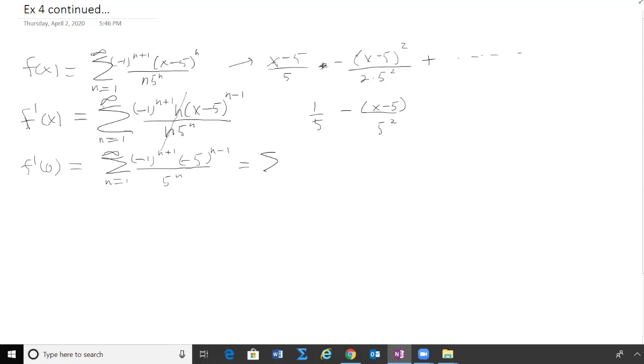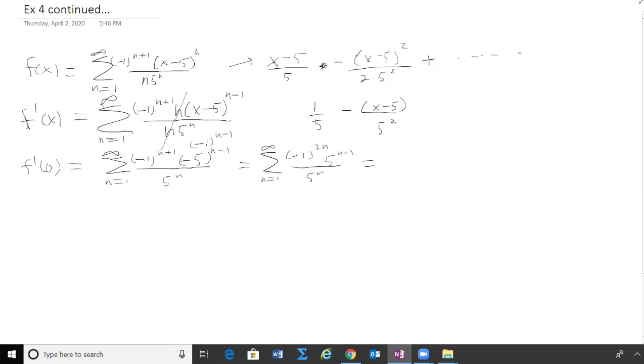That makes that negative 1 to the 2n, because this becomes a negative 1 to the n minus 1, and then when you add those exponents, you get a 2n. So it's just a negative 1 to the 2n. And that leaves a 5 to the n minus 1 and a 5 to the n, like so.